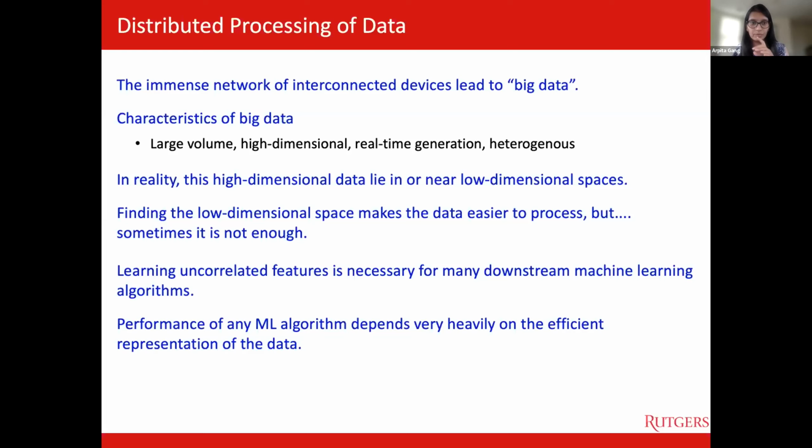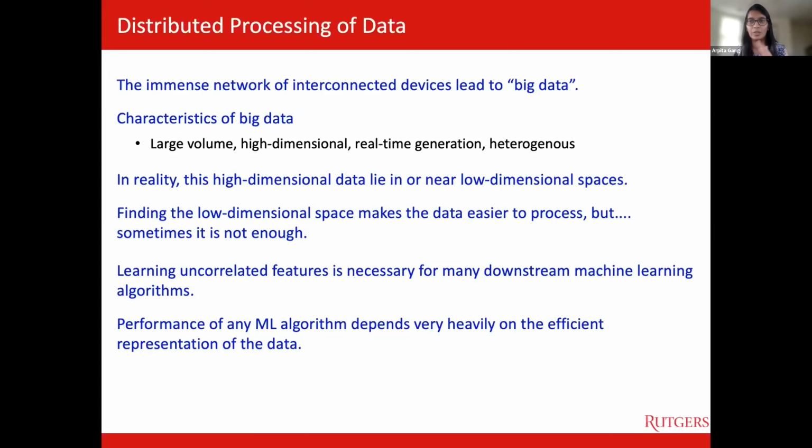And also, if we can learn the features in a way that they're uncorrelated, it helps the downstream machine learning algorithms, which form the crux of all the processing, all the inference algorithms that IoT systems run on. In some communities it's also called disentangled, but it basically means the same thing.